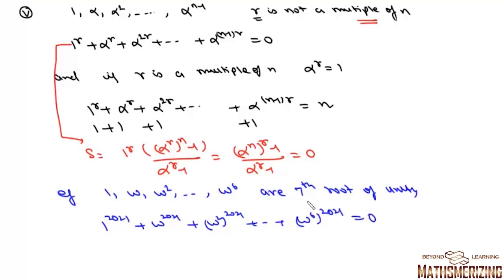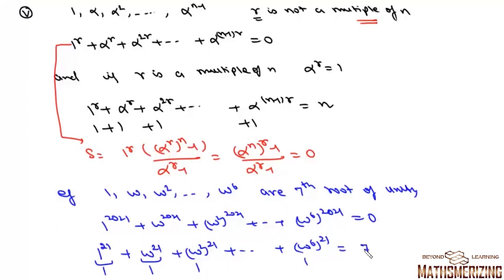And if we have a multiple of 7, say for example 1 to the power 21 plus omega to the power 21, omega square to the power 21, up to omega 6 to the power 21. Now omega to the power 7 is 1. So it will be 1 plus 1 plus 1, 7 times. Then this sum will be simply 7. So if r is not a multiple of n, then sum of rth power of all the roots will be simply 0. And if r is a multiple of n, then this sum will be simply n.